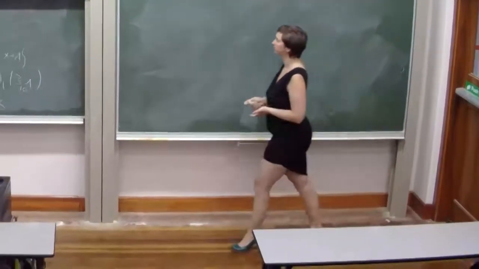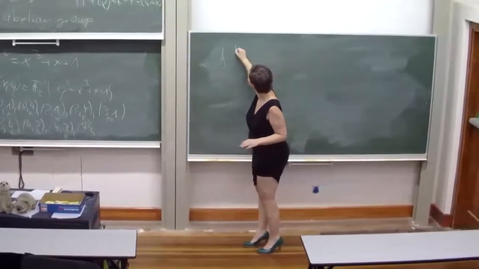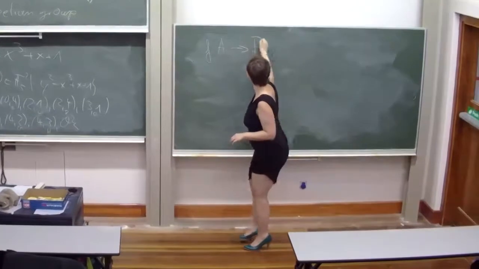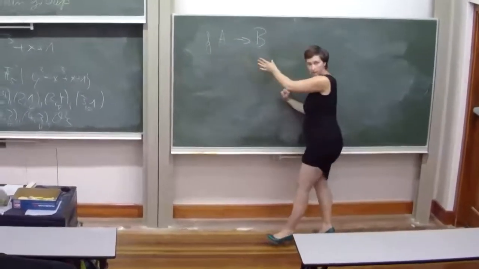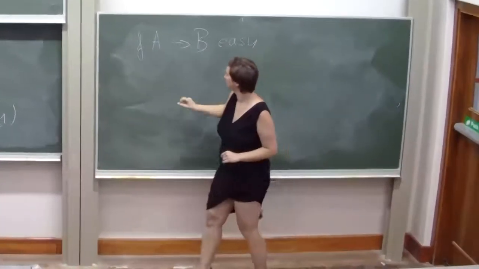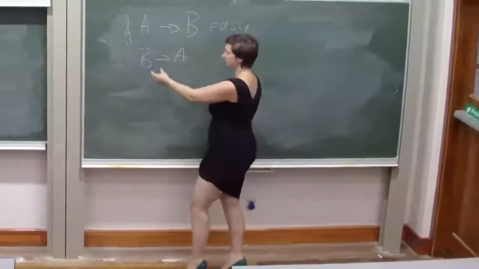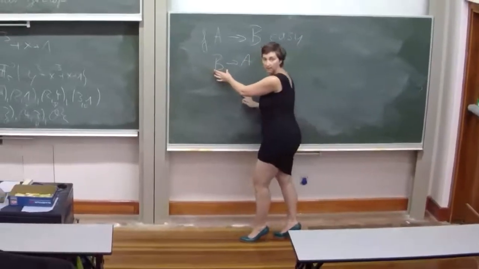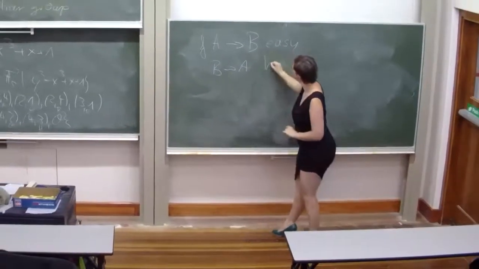And the main ingredient for this, most of the time, is a function that goes from somewhere to somewhere, that's easy to calculate, but the other way around, so knowing the result and trying to guess or compute where it came from, is hard.